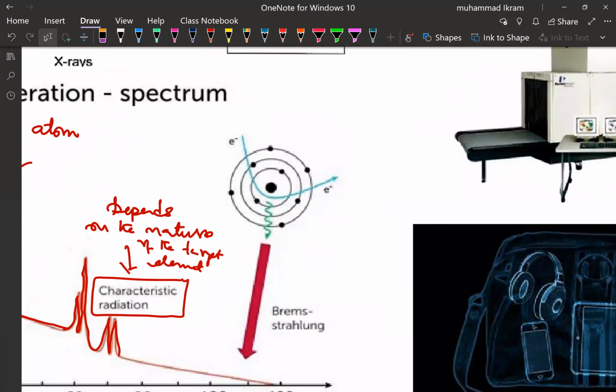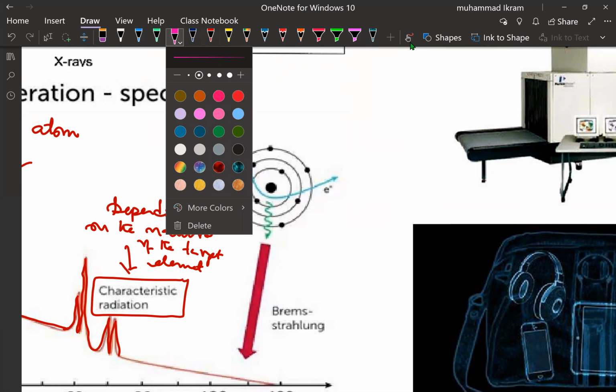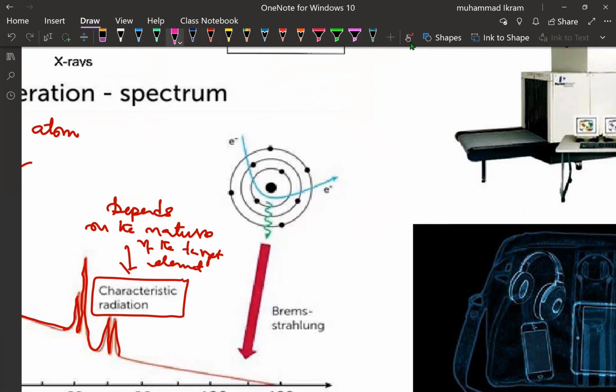If there is an electron coming with very high energy, let's see that electron coming. This one I am not selecting, that is for the Bremsstrahlung radiation. The pink color is for the characteristic X-rays.